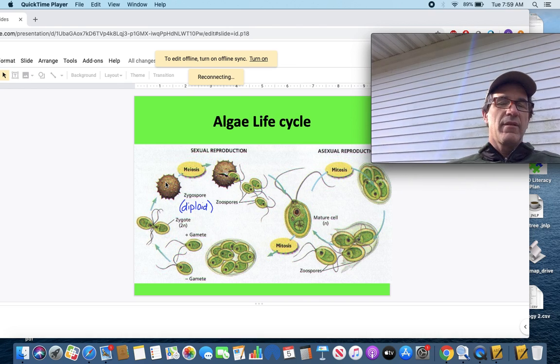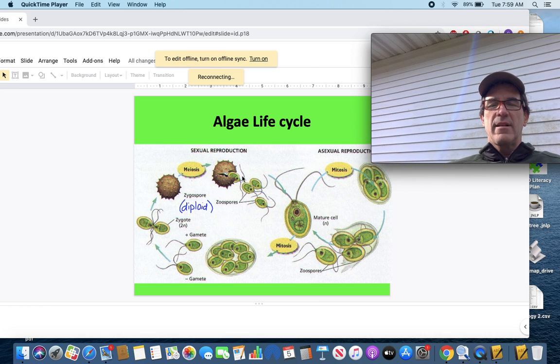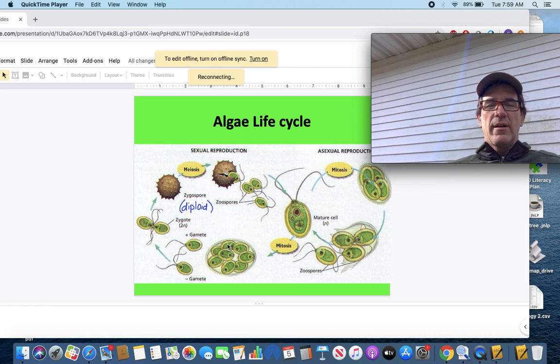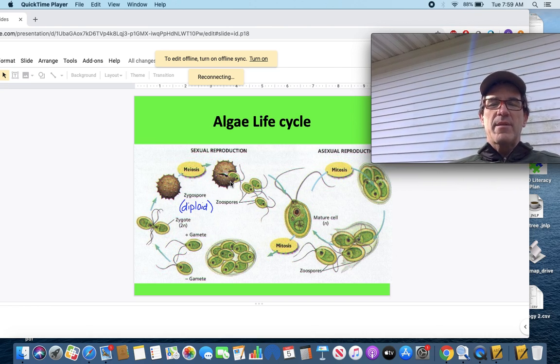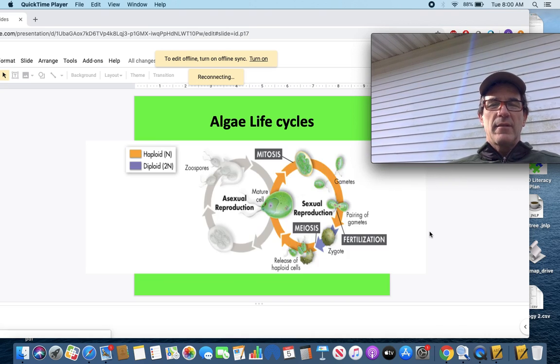This is the sporophyte. It will divide by meiosis to produce zoospores, which are the beginning of the next gametophyte. So again, gametophyte over here, that's all this haploid part, and the sporophyte is this diploid phase right here. Very little time is spent in the sporophyte stage in this particular type of cell.